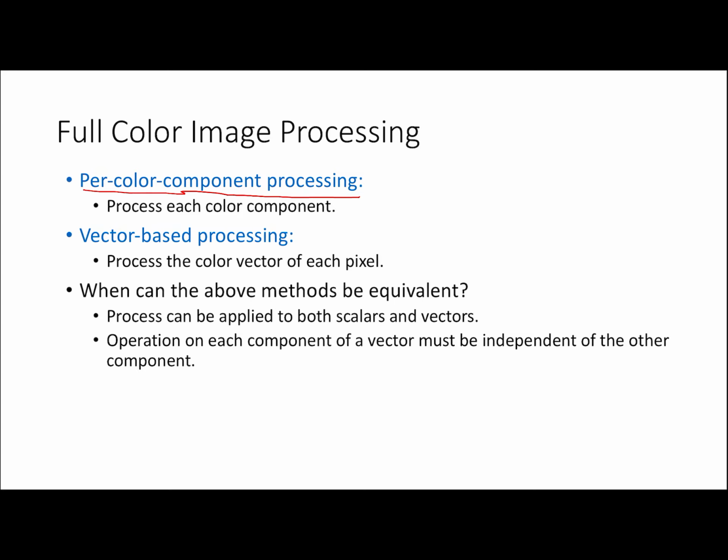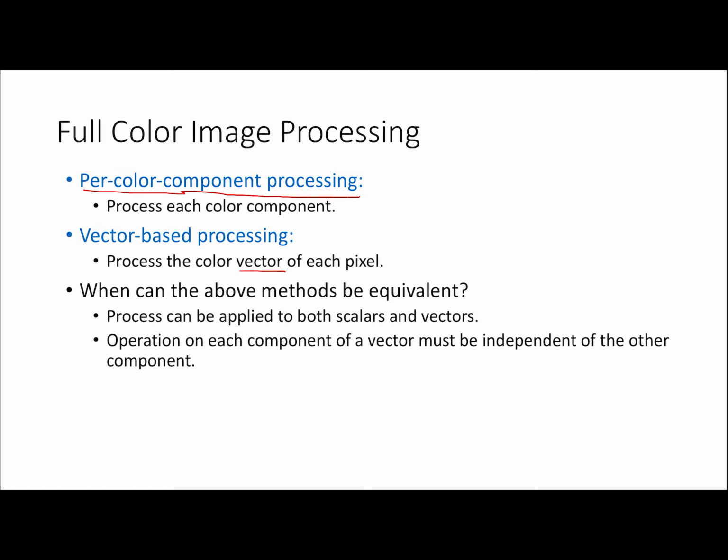If we talk about an RGB image, we have three color components: red, green and blue. We will process these three components separately, and once processing has been done we will combine all these three components together. The other type of processing uses the concept of vectors, where each color is considered as a vector.